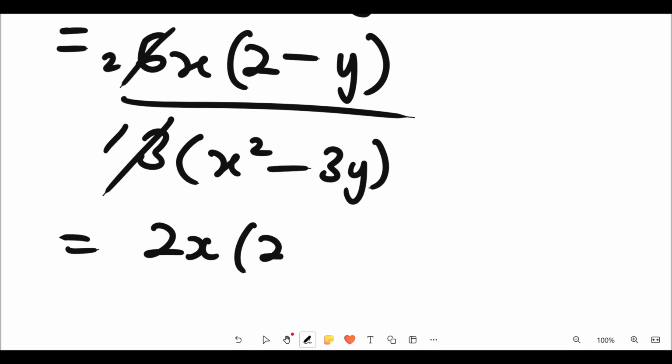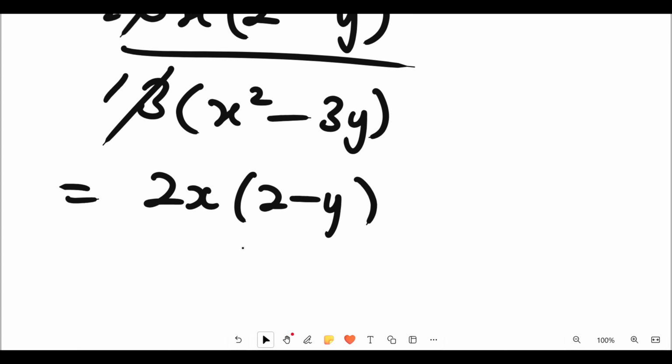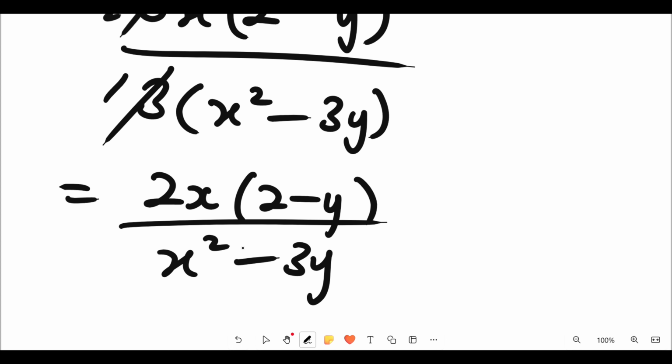So we are going to get 2x multiplying 2 minus y, divided by x squared minus y.